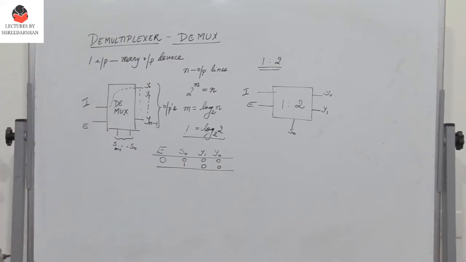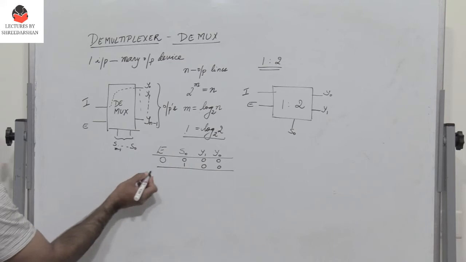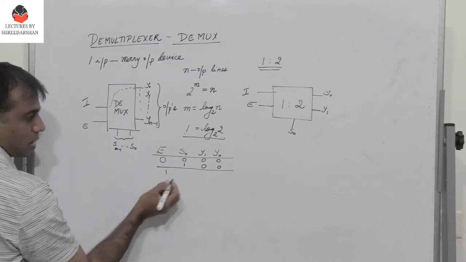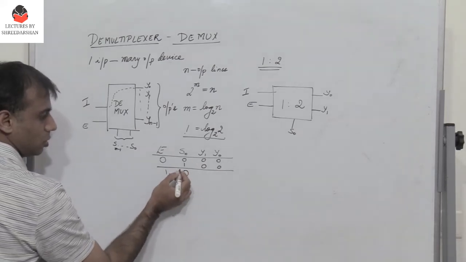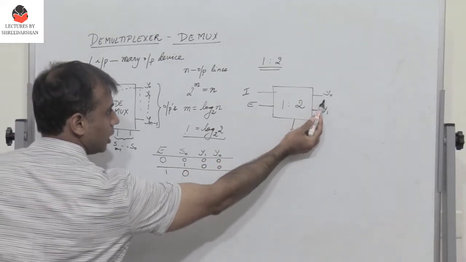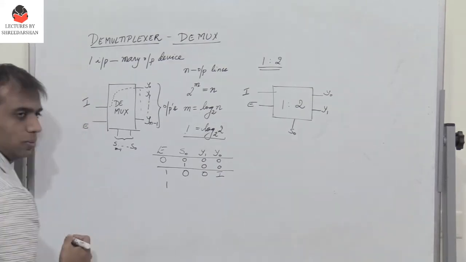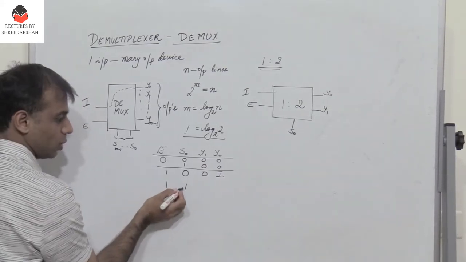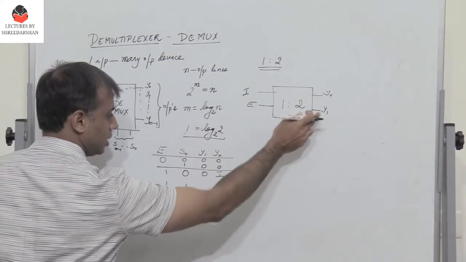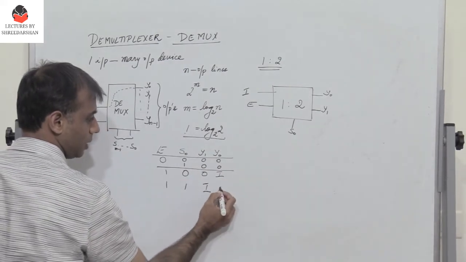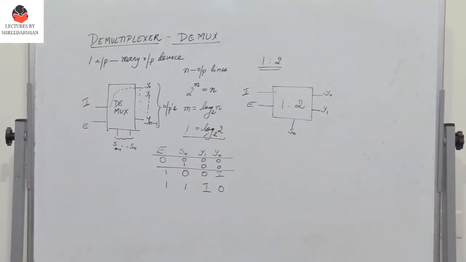Now when enable is 1, when S0 is 0, I appears at Y0, so it's going to be 0 and I. And when S0 is 1, the input is connected to Y1, so I get I and 0.